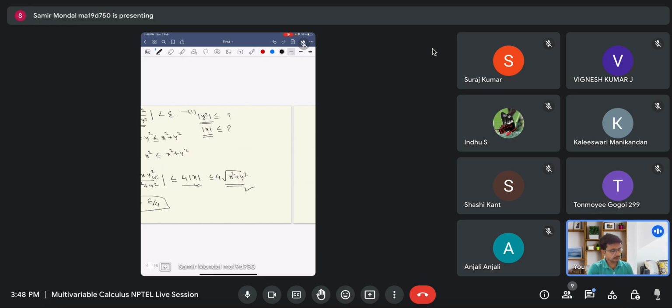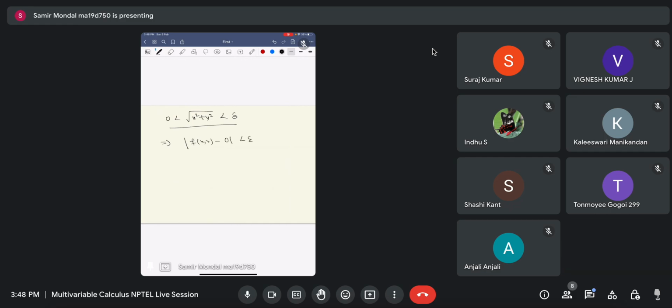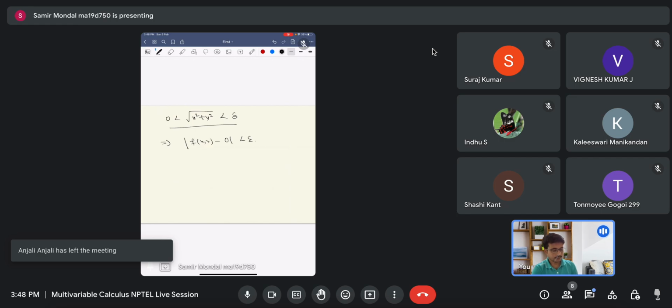So from the definition, what is your definition? The definition has to be satisfied. So in this disc we have to get this one. We already chose delta as epsilon by 4, and we already got that this quantity is less than or equal to 4 into x square plus y square.